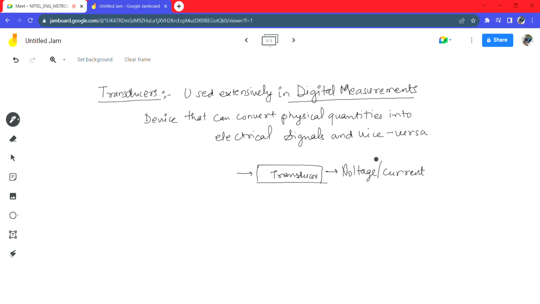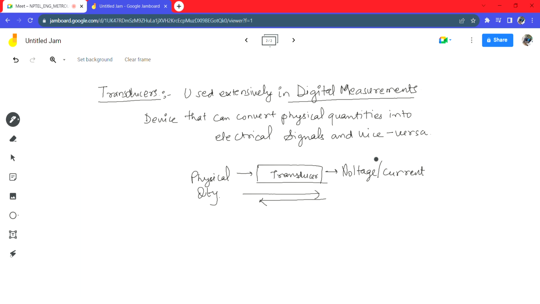And whenever I say current, we typically mean a voltage. And here we have any physical quantity. Now, this transformation is possible and this transformation is possible too.